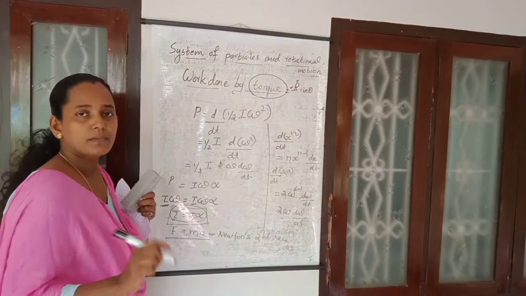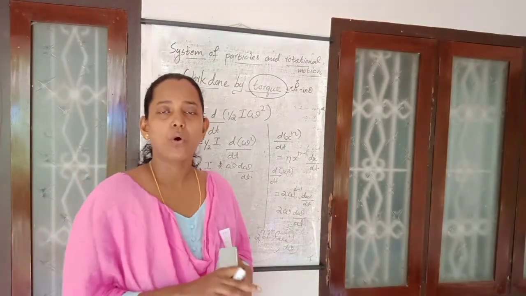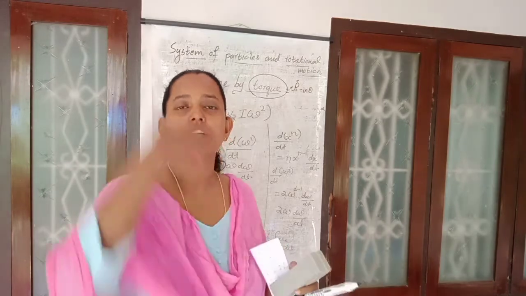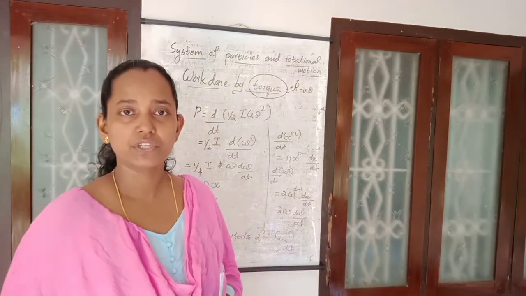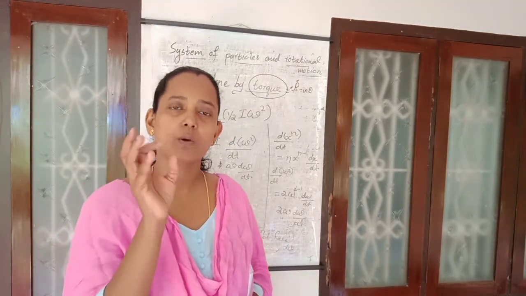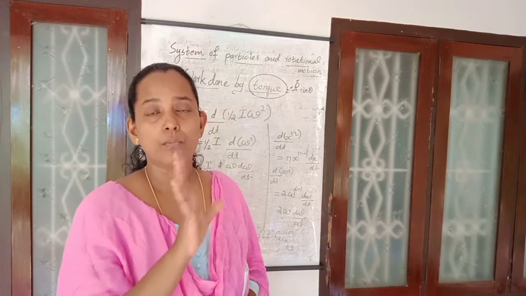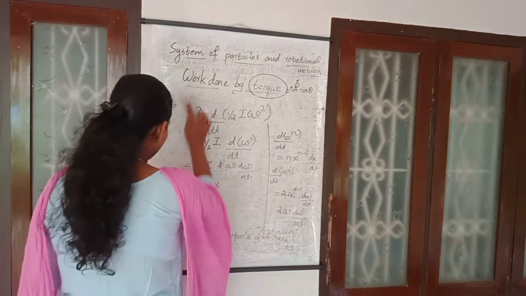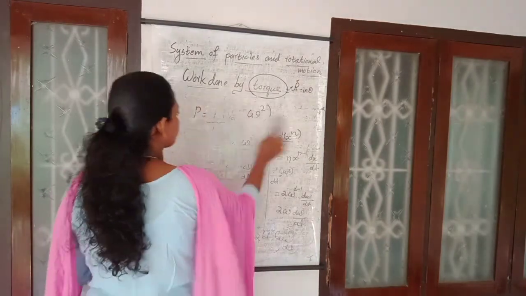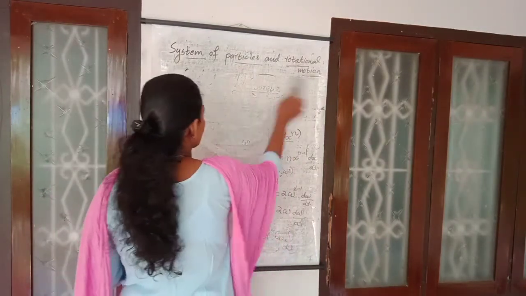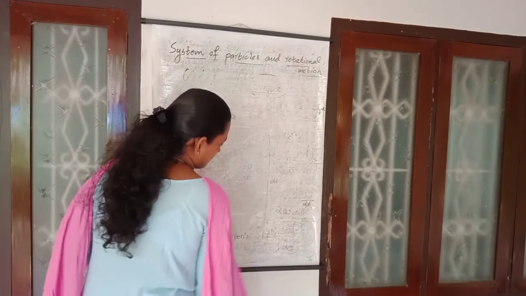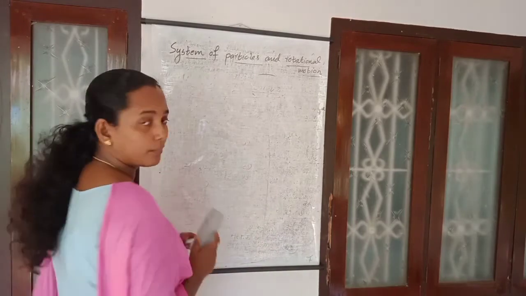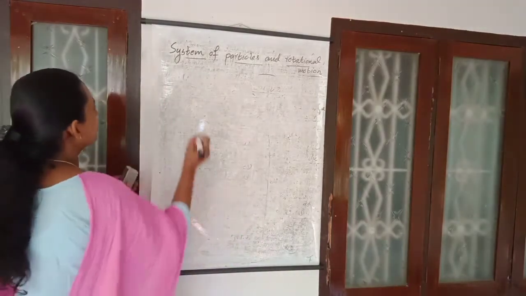In a similar way, we can write all the formulas of a body in translational motion into rotational motion, if we know the rotational analogs of linear motion. Therefore, there is a comparative study given in your textbook. That table you can copy in your notebook.